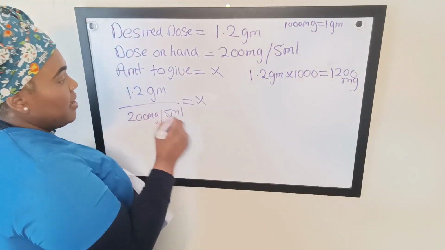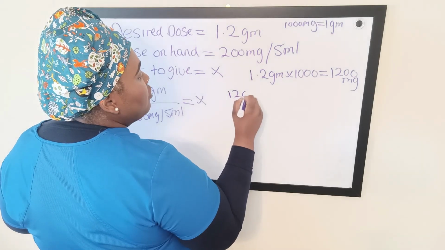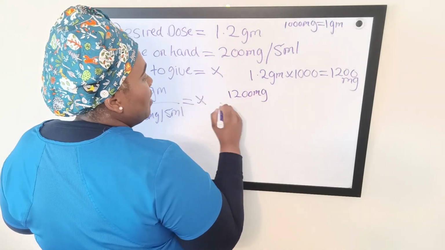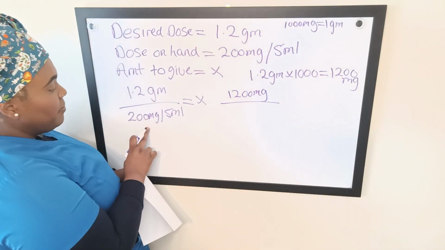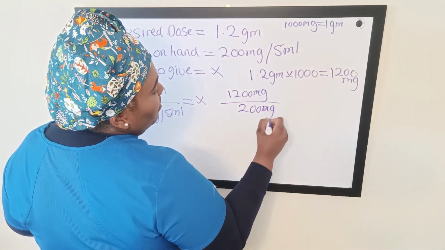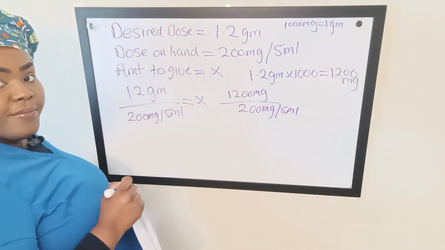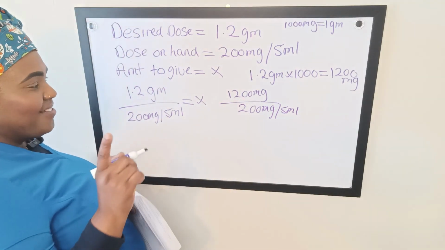So now our sum is going to be that we have to work out 1,200 milligrams divided by the 200 milligrams that is in every 5 mils, okay? Now look at this.